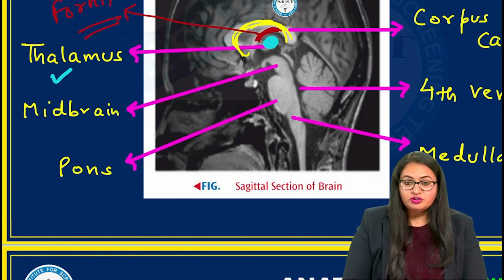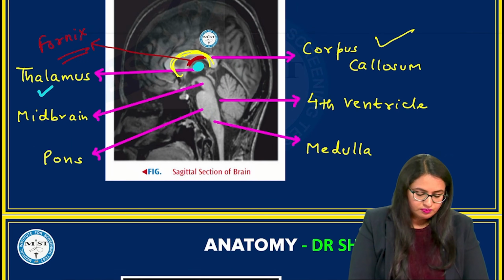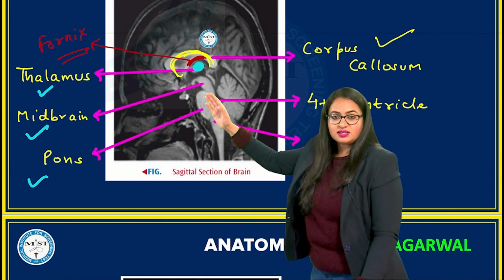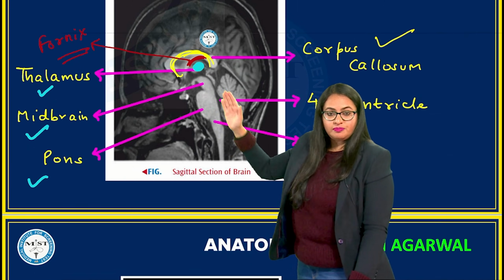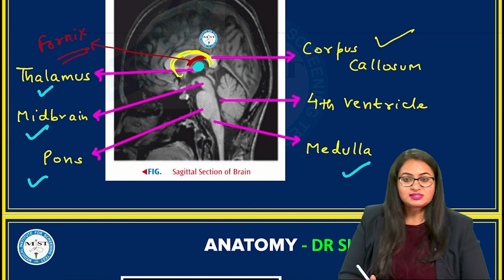Then as you go further below, you can see the whole brainstem, the three parts of the brainstem: midbrain, pons, medulla. So the pons is this expanded portion, above it midbrain, below it medulla. Behind this is the structure which is cerebellum.